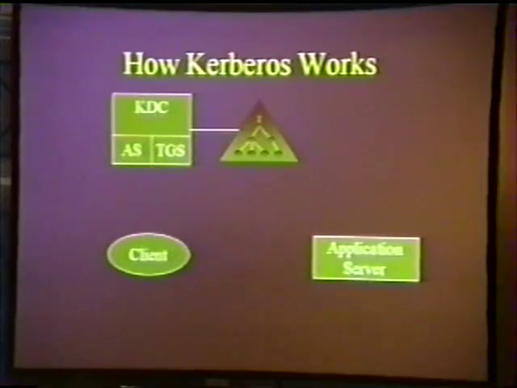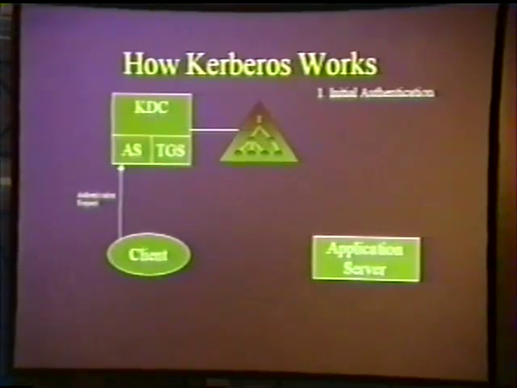You cannot separate it out. It's just the way it comes. A KDC is made up of two components: AS, Authentication Service, and TGS, Ticket Granting Service. And then we have here our client and network application.